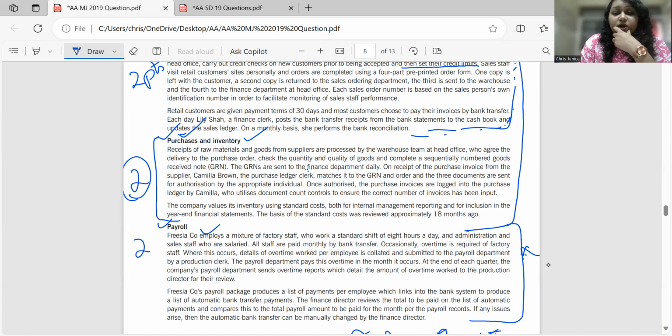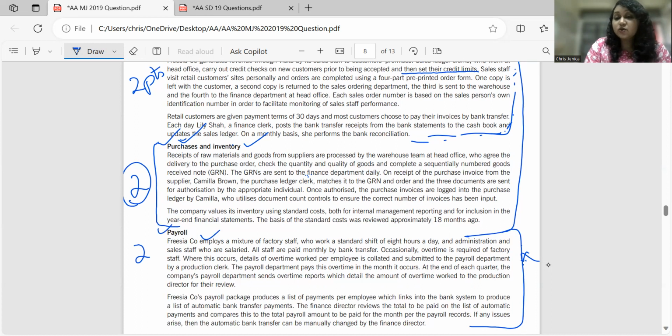They are telling you that the standard costs have been reviewed 18 months ago. Normally, there is a risk of inflation, right? So when there is a risk of inflation, it means that the raw material cost would have gone high, would have changed. They would have inflated. So this is a deficiency that you can mention and you can write through the complete answer.